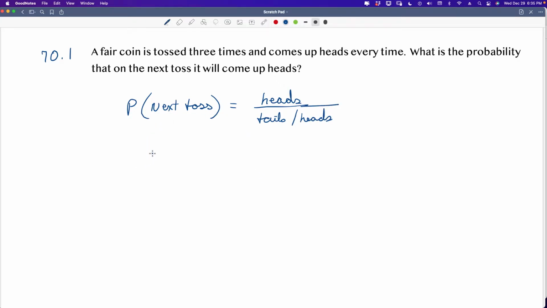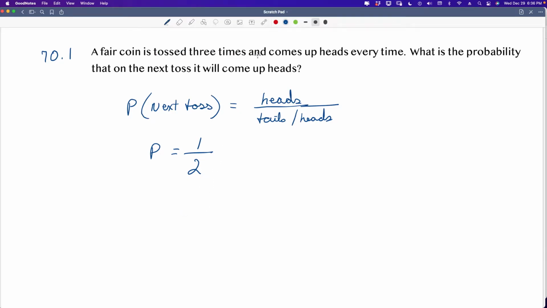So the probability is going to equal, on the next one toss, heads is only one of the options. So 1, and we have two possible outcomes. So our probability that it will come up heads is 1 out of 2.